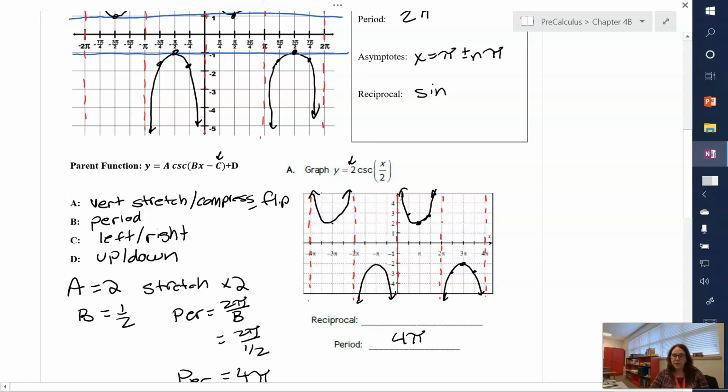And just a reminder that the reciprocal of your cosecant is going to be sine. And because this was a 2 and it's an x over 2, this is sine x over 2. And because our A in front was 2, the reciprocal of that is 1/2.